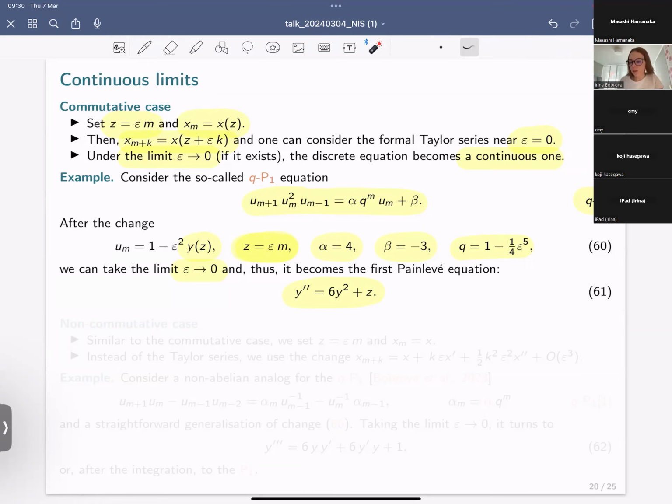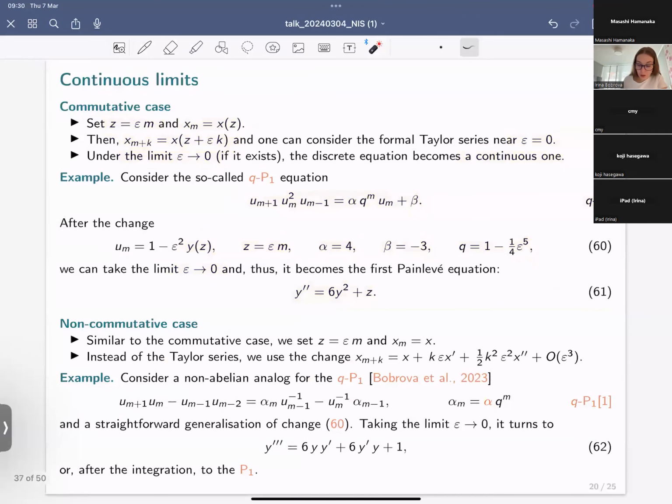It's some kind of natural procedure that we want to extend to the non-commutative case. How to extend it? Let us do the same things, but without some words.